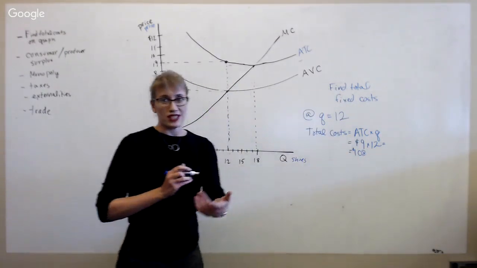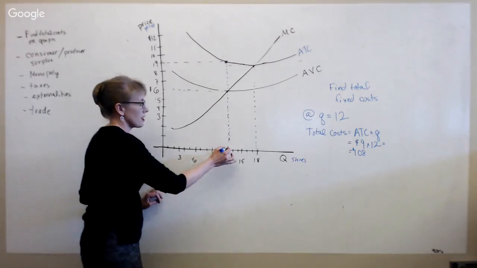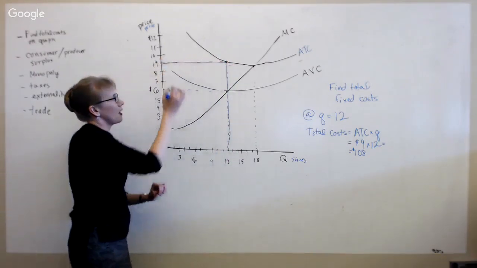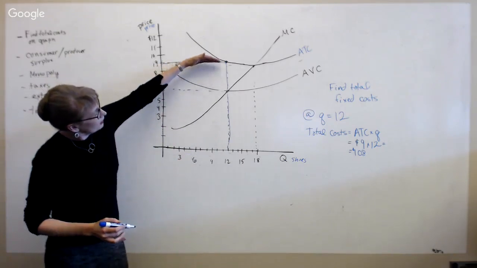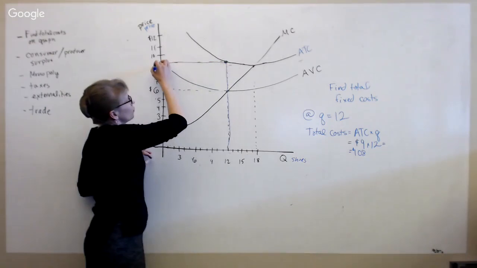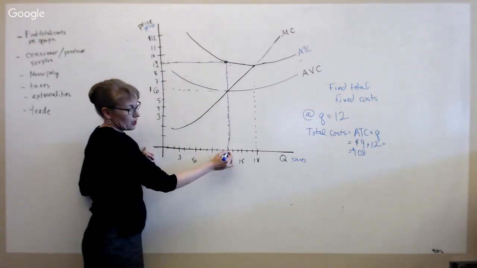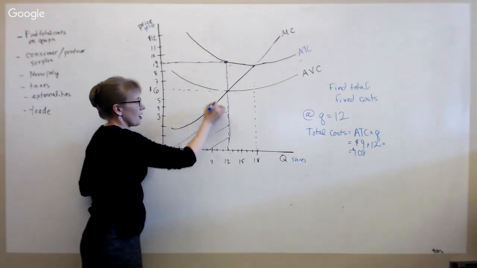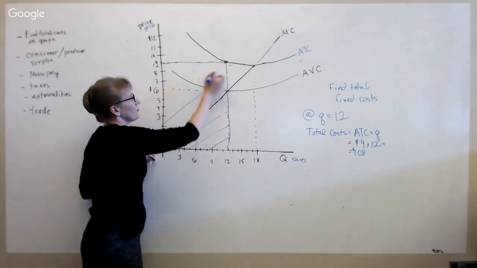We can represent total costs as the area under this value, $9, and up to a quantity of 12.